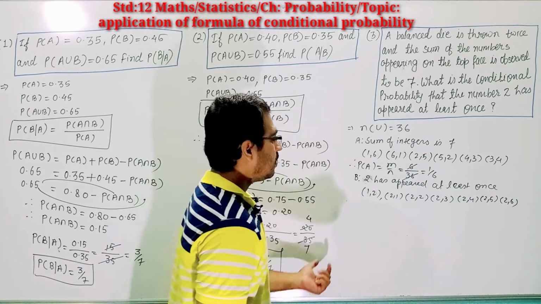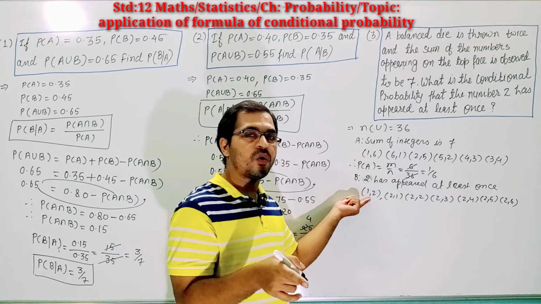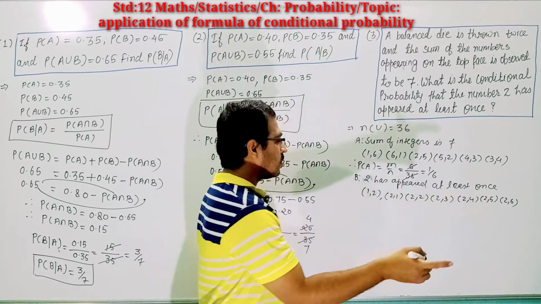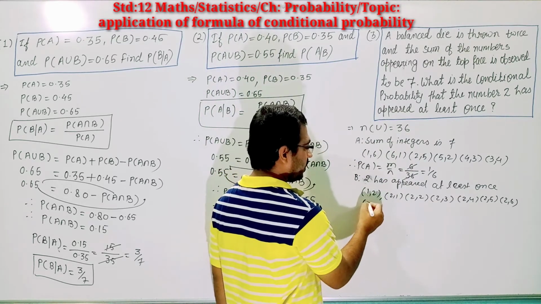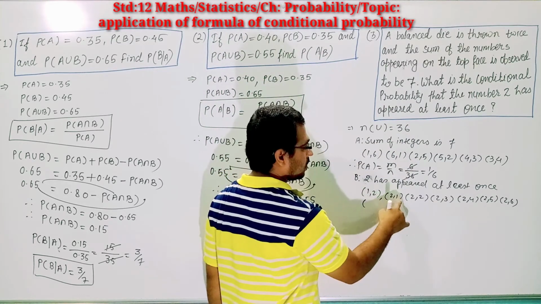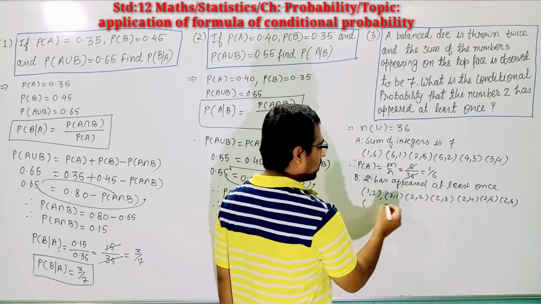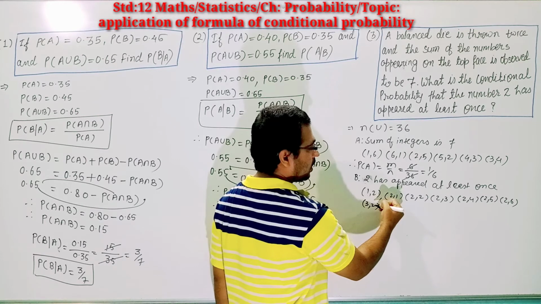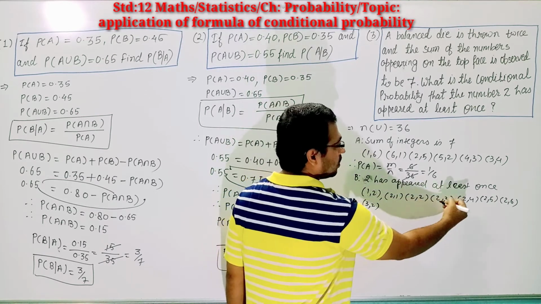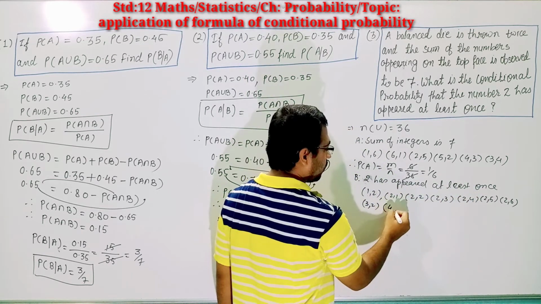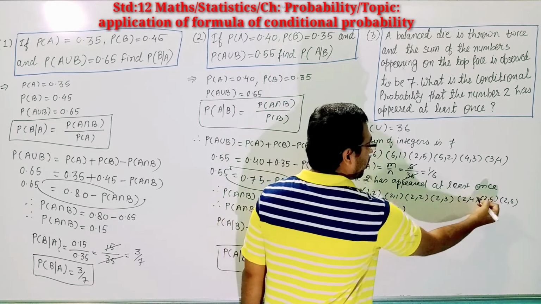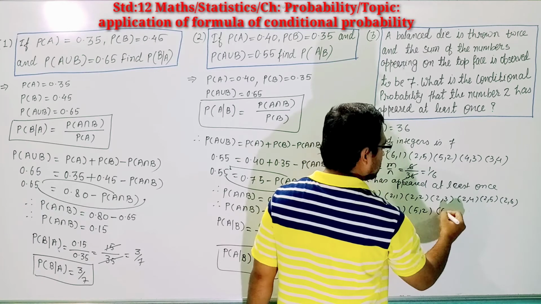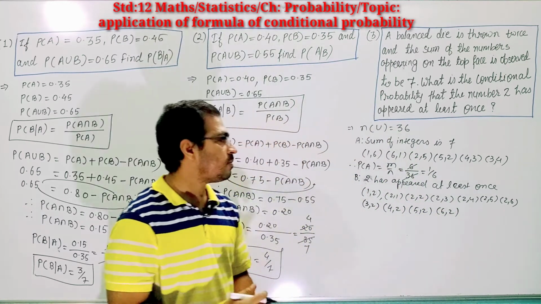In the third column we get 3 2. 1 2, 2 1 and 2 2 are already done. So we can write 4 2, 5 2, and 6 2. These are the possible outcomes.